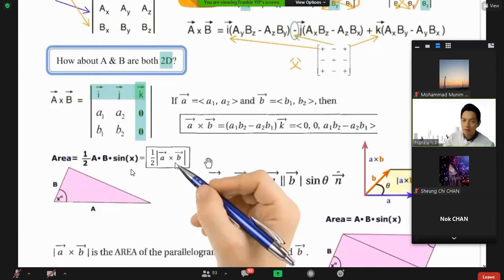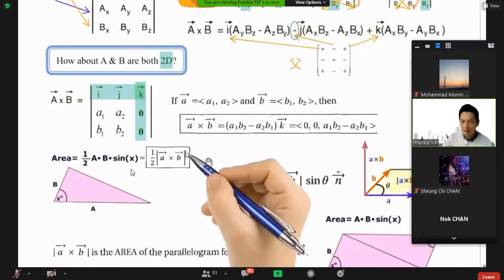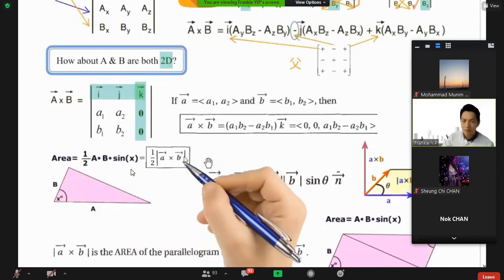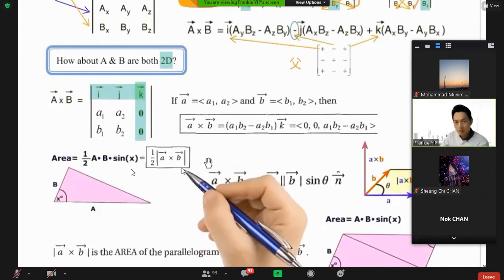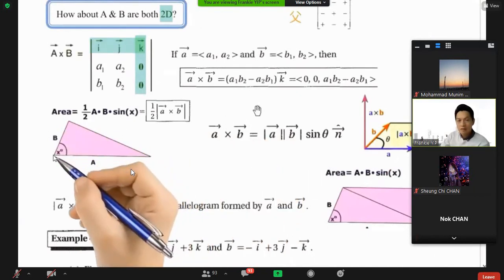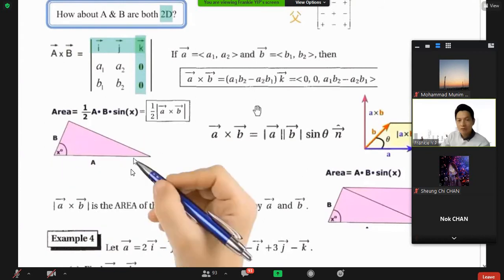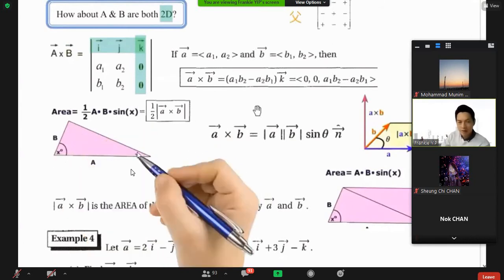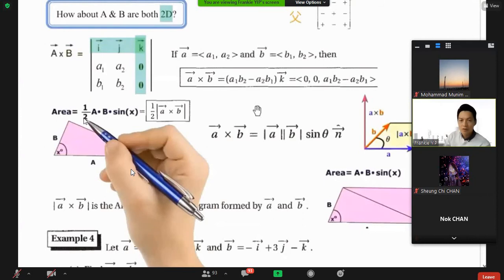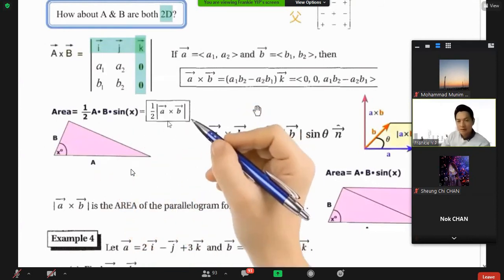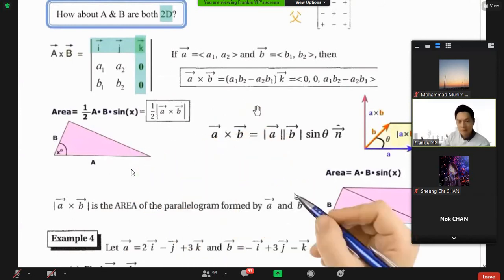But we do not need the vector, right? So I add the magnitude sign to only concern about the magnitude without concern about the vector direction. Got it? So if you would like to find the area between two vectors, you can simply use half A cross B, find the magnitude, and then you have the answer.